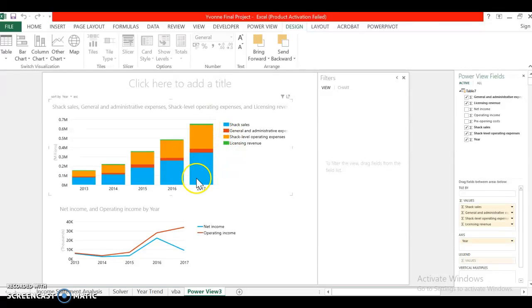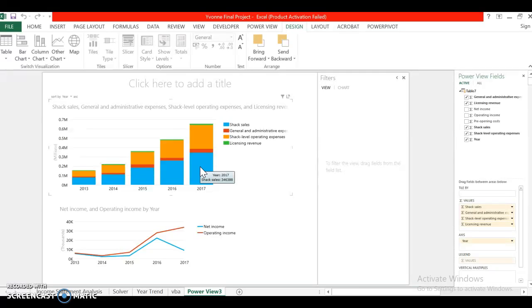Along with the revenues, we can see that the general and administrative expenses and the Shack-level operating expenses are going up as well, because the firm is growing.